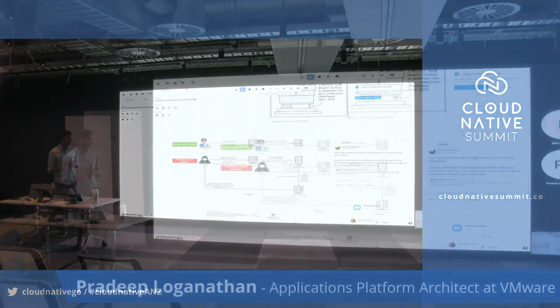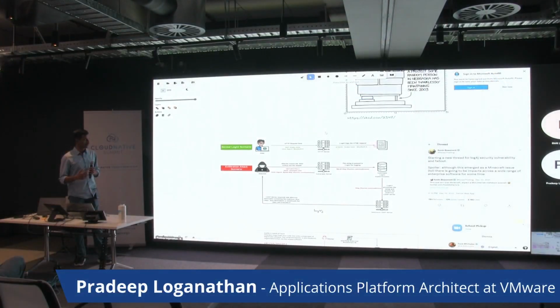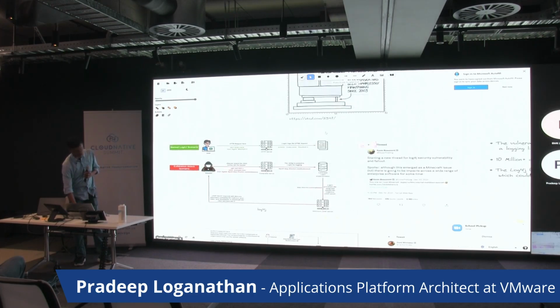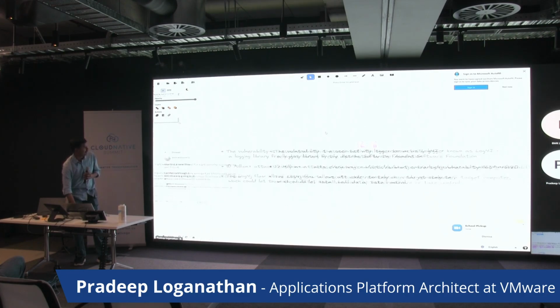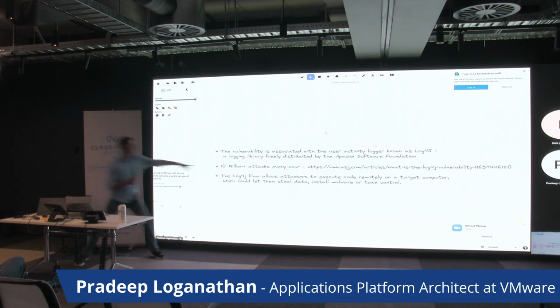Almost all, and when there was a particular vulnerability which was identified, this was immediately reported, and once this vulnerability was reported, everybody literally jumped onto it. In fact, the number of people jumping onto it, I don't know if you would know this. There were 10 million plus attacks happening every hour just because of one single compromised package.